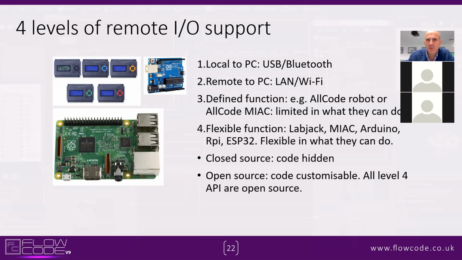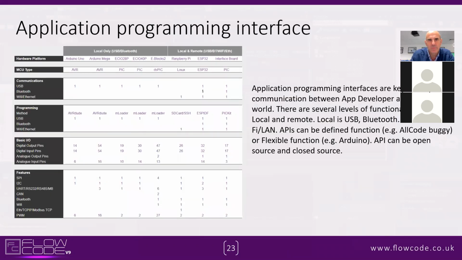So there are defined function and flexible function, local and remote, and within those, sometimes the API is open source and you can customize it, and all the ones we are supporting directly are in that bracket, and some are closed source. So LabJack, for example, is a third-party vendor, and they're not going to give you the source code for their devices. So that classifies how we think of API devices.